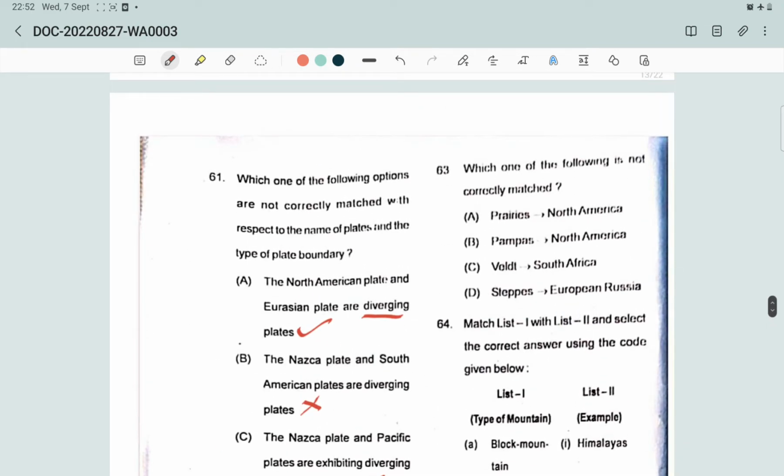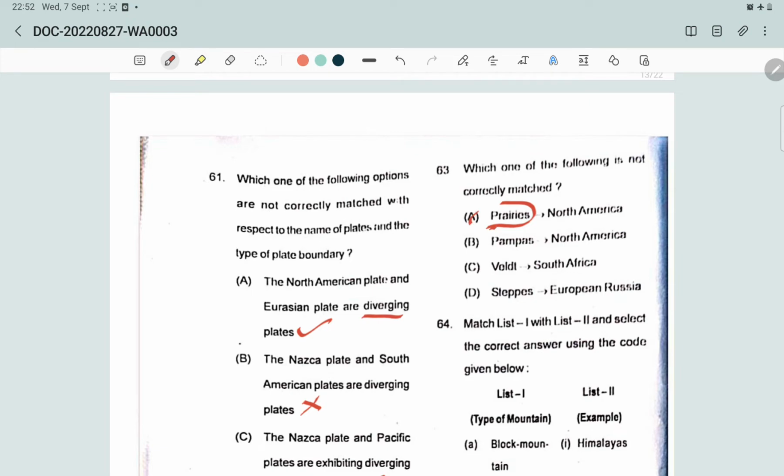Then question number 63: which one of the following is not correctly matched? And the options are prairies, North America; pampas, North America; veld, South Africa; steppes, European Russia. Now let's check, what are prairies?